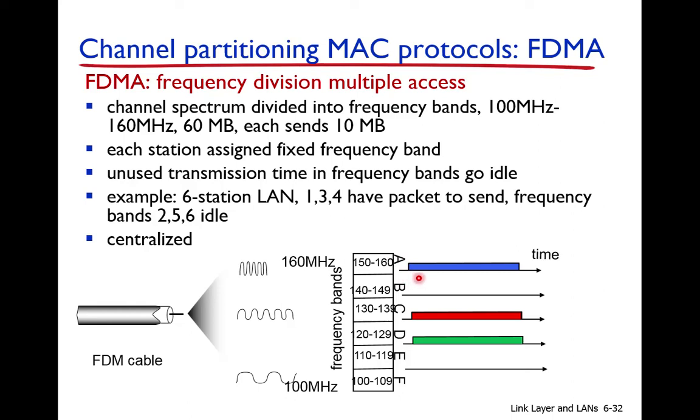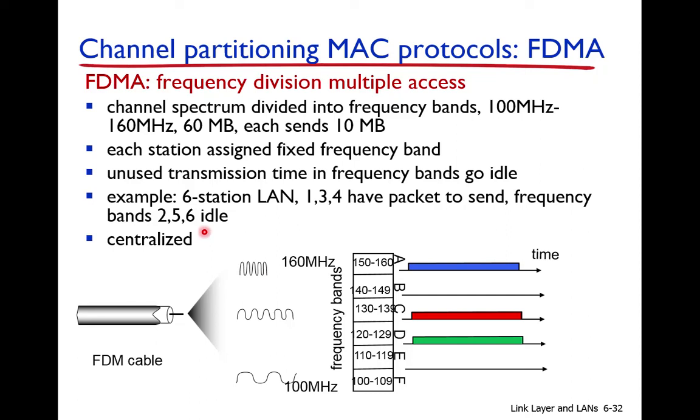But this frequency is available because B is not transmitting, yet A cannot use it because they are fixed assigned. And even if it wants to use it, it has to tune the hardware, so it has to change the hardware, and that's why it is difficult.